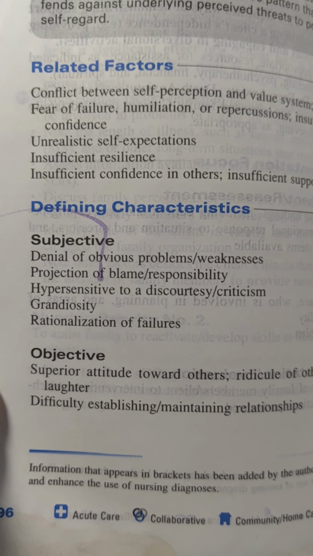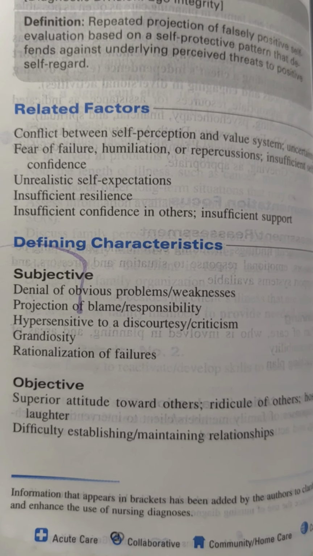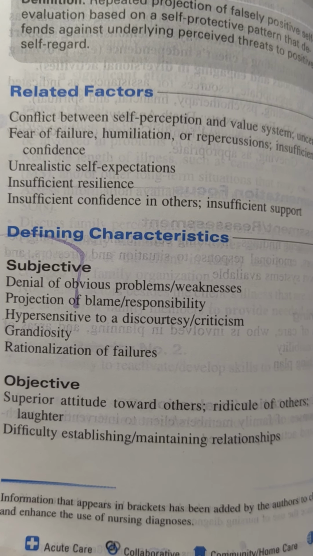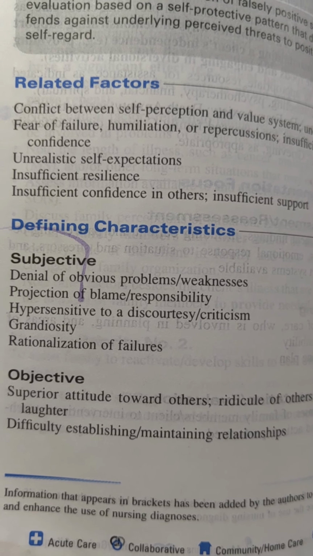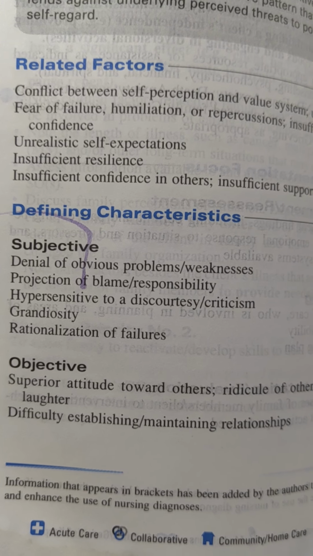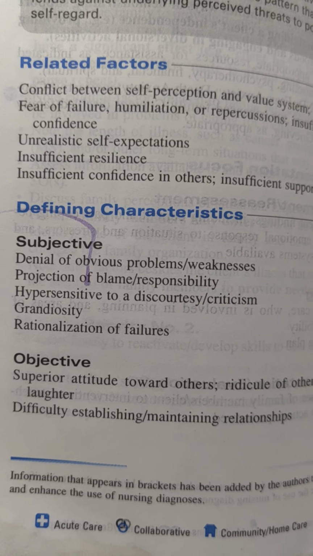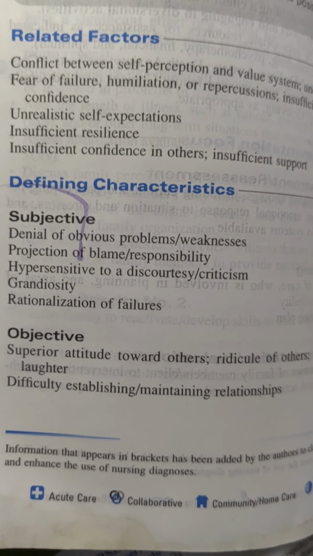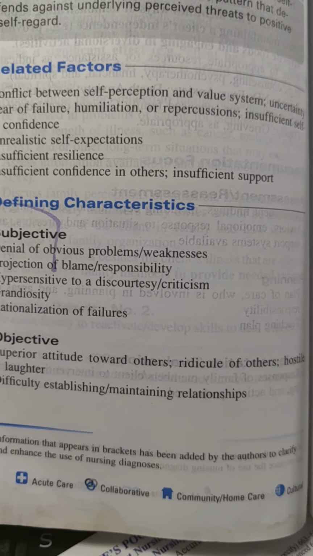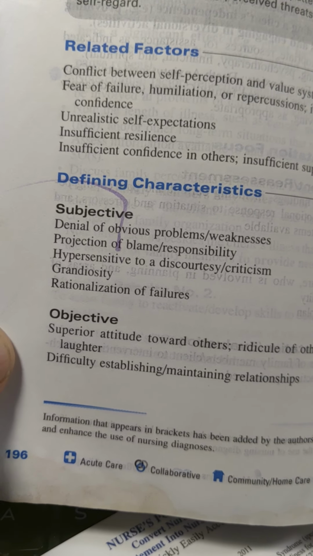The related factors are fear of failure, unrealistic self-expectations, and then it says denial of obvious problems, weakness, projection of blame, responsibility, hypersensitivity to discourtesy, grandiosity, rationalization of failures, superior attitude towards others, ridicule of others, and then it says hostile laughter, and difficulty establishing or maintaining relationships.